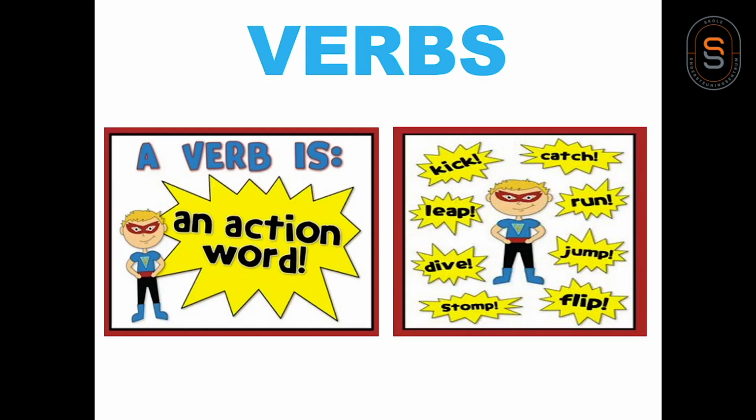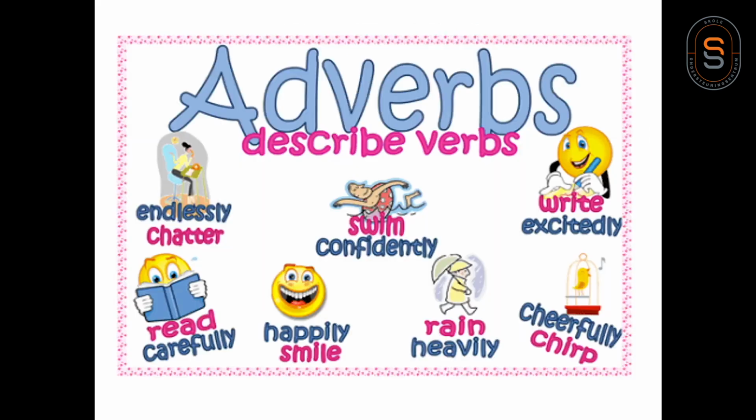Then we have a verb. We all know we've been doing the verb for all the lessons that we've covered up to now. It is an action word. Any action word, kick, leap, dive, stomp, flip, jump, run, catch, talk, eat, any action word is known as a verb.